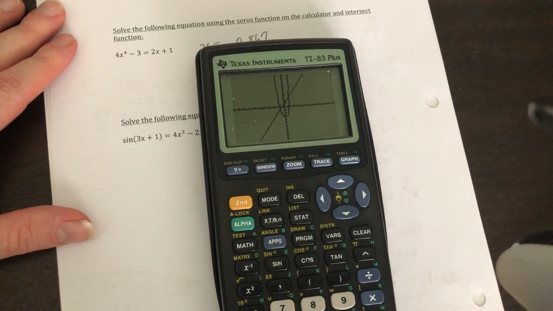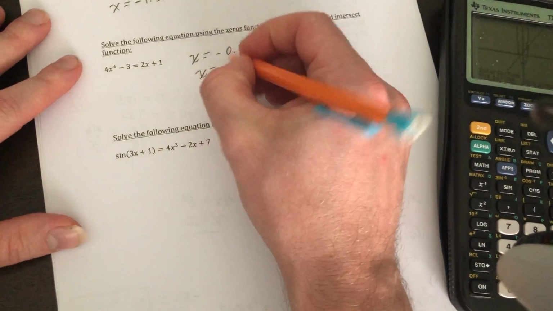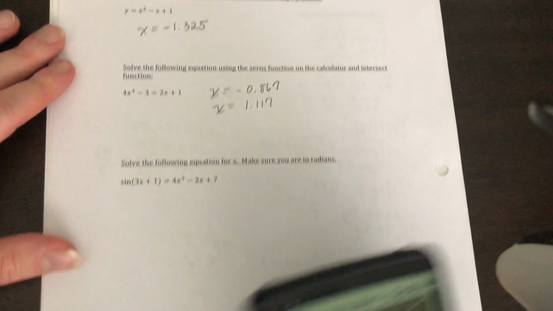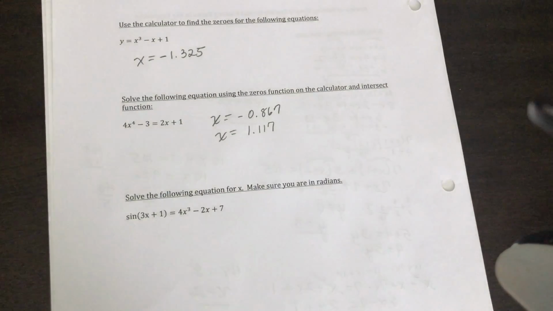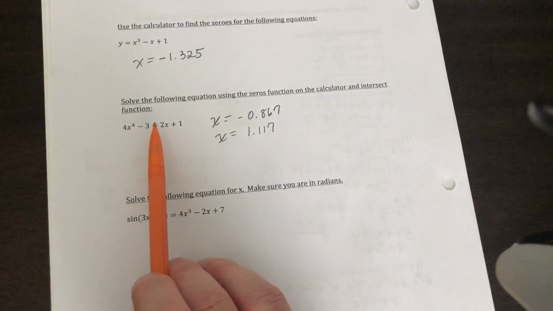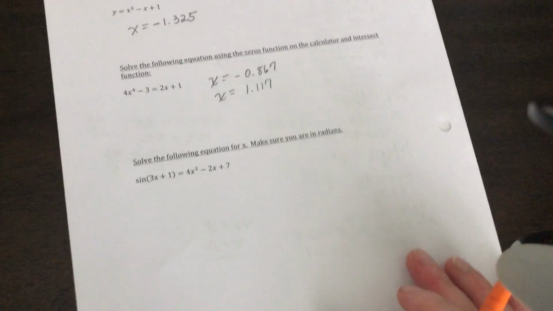Enter, enter, enter, you get close to it, and you get 1.117. So that's how we're going to solve it if we're going to use intersect. If you were going to solve this equation using the zeros function, you have to move everything to one side and set it equal to 0, and you still should get the same answers.